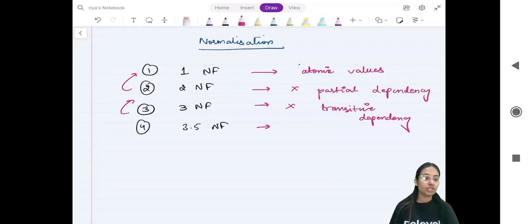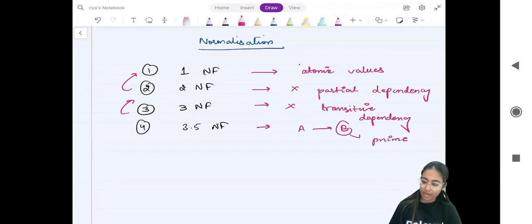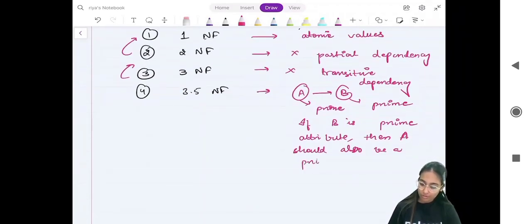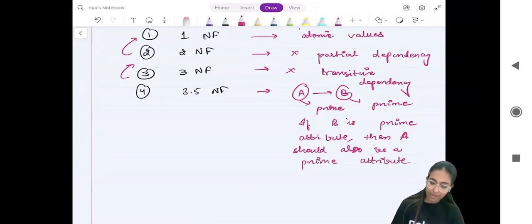So in 3.5NF, it was Boyce-Codd normal form, that if this kind of a dependency happens, if B is a prime attribute, then A should also be a prime attribute.